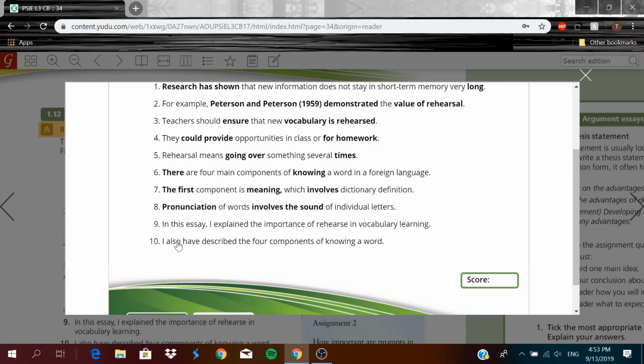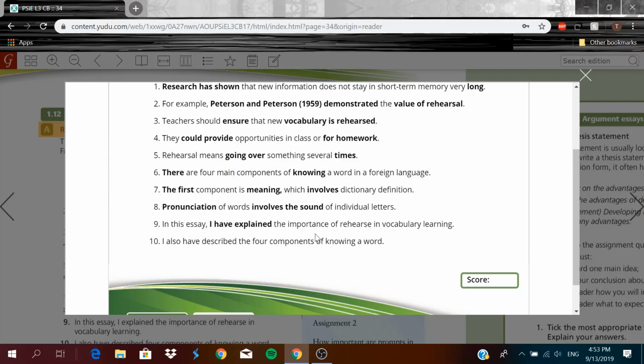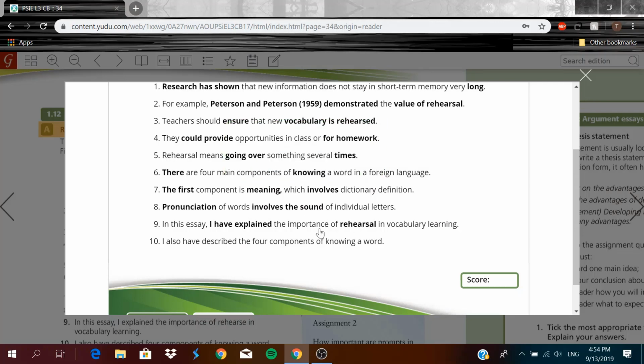In this essay, I explained the importance of rehearse and vocabulary learning. So in this essay, we're missing a have, so I have explained the importance of, not rehearse, it'll be rehearsal. I have explained the importance of rehearsal in vocabulary learning.